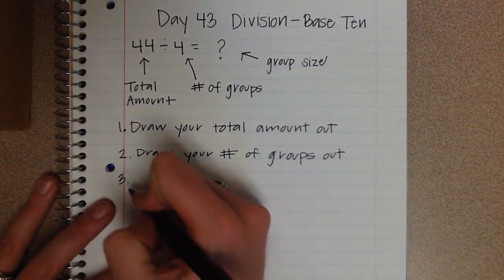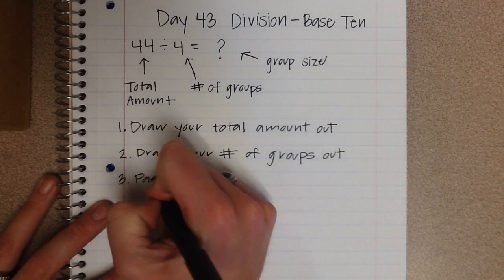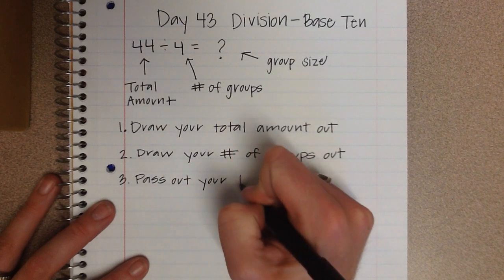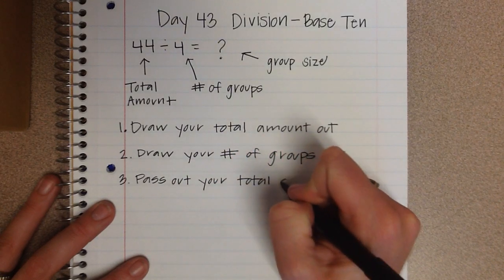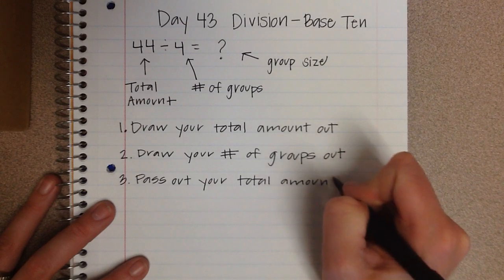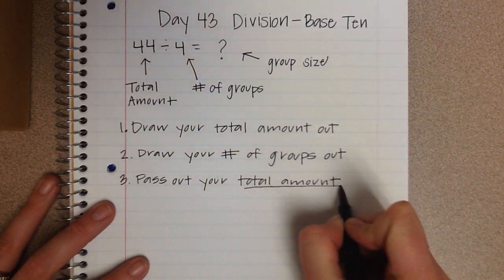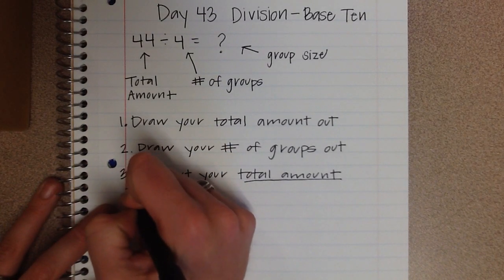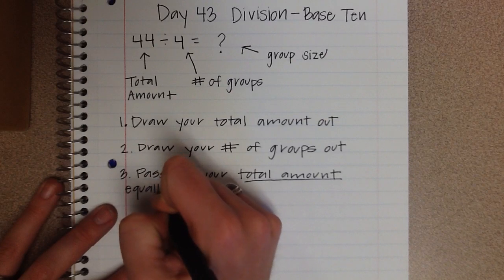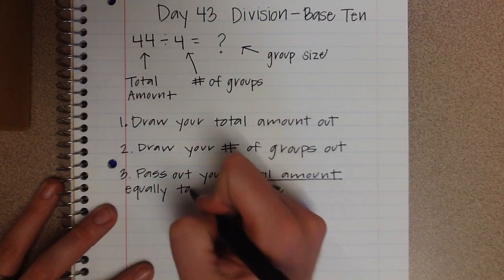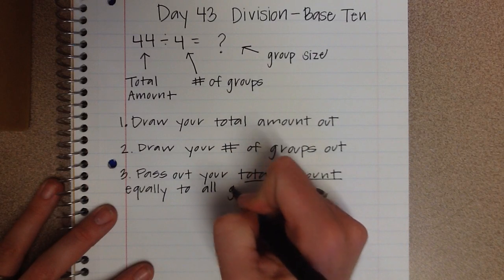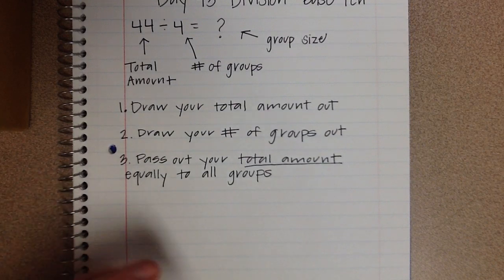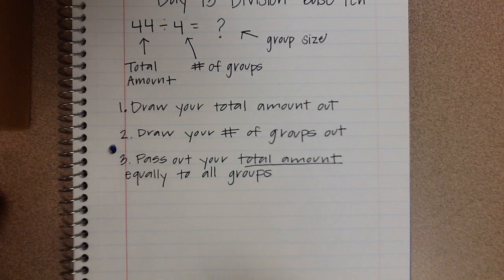Number 3 is pass out your total amount, I'm going to underline it, equally, to all groups. Okay? Pass out your total amount equally to all groups.